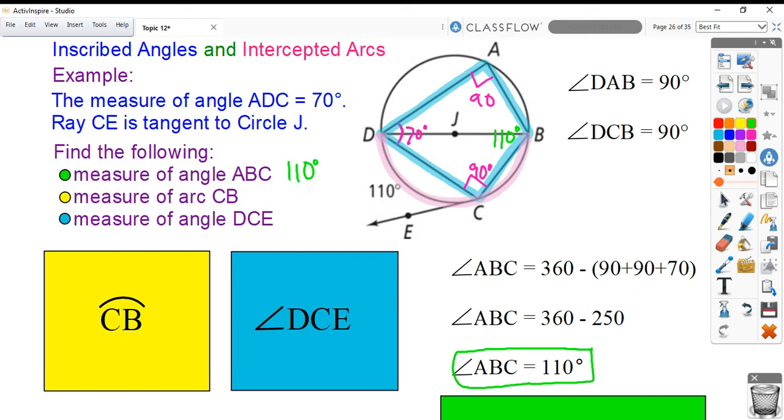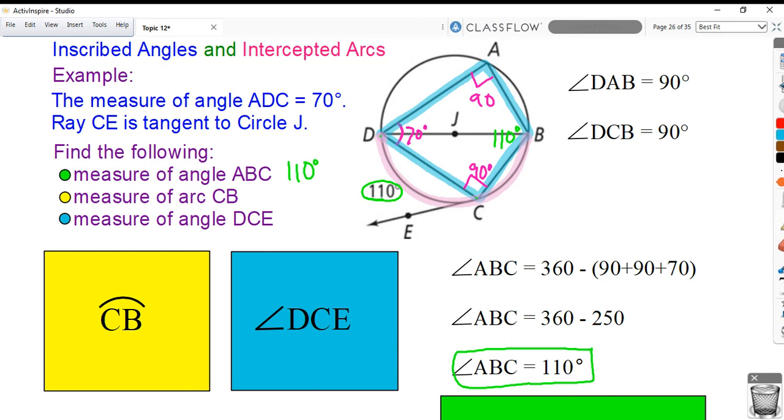Let's go on to the next one, the measure of arc CB. I want to draw your attention to what I drew down here, this pink arc. We agreed just a moment ago that the pink arc was a 180 degree arc. It's half of the circle, so it's half of the full 360. We are already told that this side of it, in between D and C, is 110 degrees.